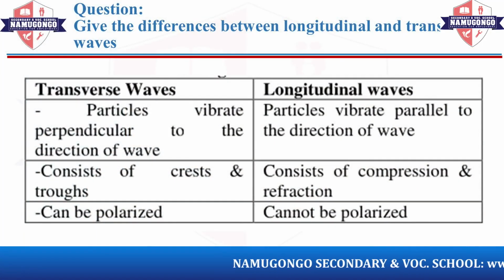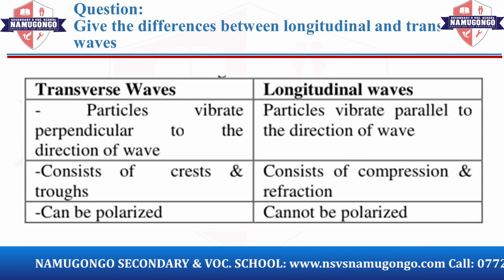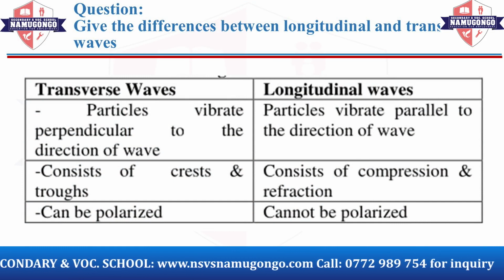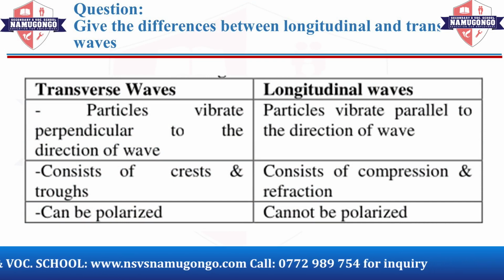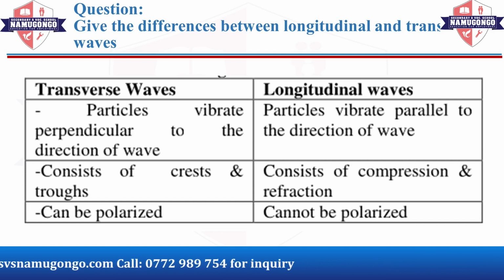What did we look at? Under longitudinal, we've seen that they have rarefactions and compressions, whereas in transverse, we have crests and troughs. So that is the first difference.